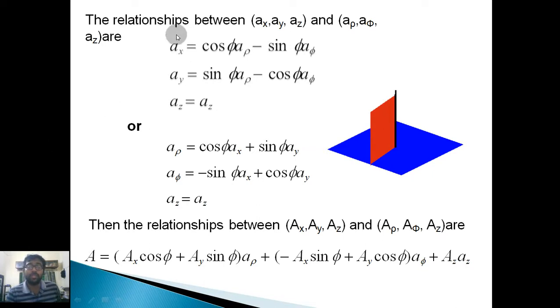That's why it has been described as the unit vector of the Cartesian coordinate system along the x axis. This has been described as the unit vector of the rho axis of the cylindrical coordinate system, and this is the phi vector, the phi coordinate in the cylindrical coordinate system. So we will describe how this relationship has been established.